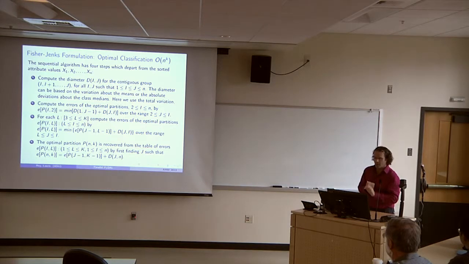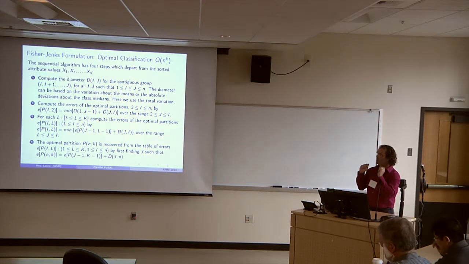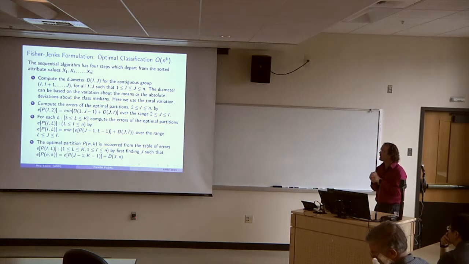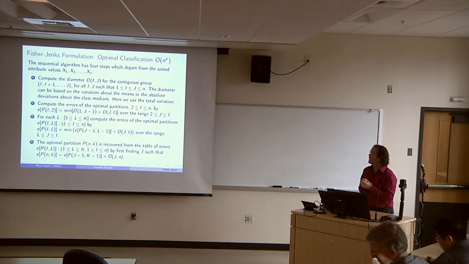We need that. The second matrix we need is called the error matrix. This is going to be k by n in memory, so not that expensive in terms of its footprint, but calculating it, there's a compute cost. And what the values in the error matrix tell us are the value of your objective function for the optimal partitioning.